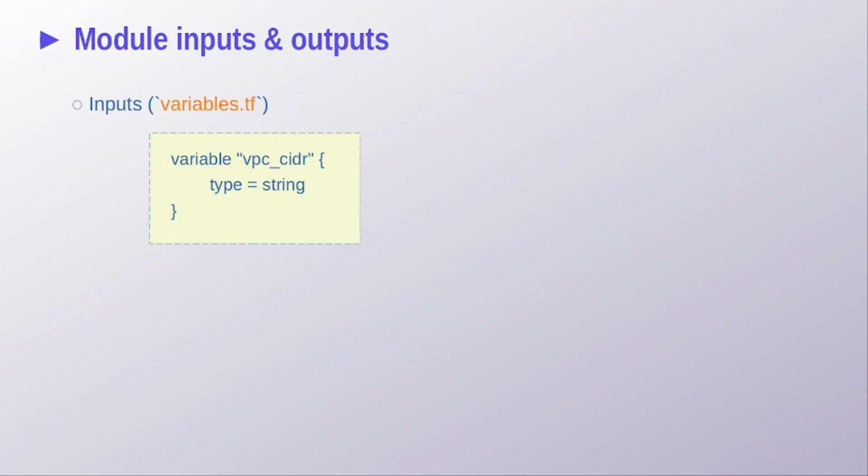Module input and output. Now let's talk about how modules communicate. Inputs allow you to pass values into a module. For example, this means the module does not decide the CIDR or the environment design.